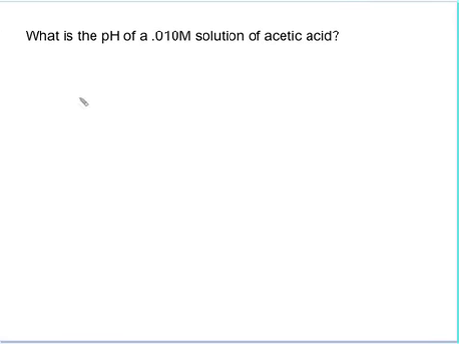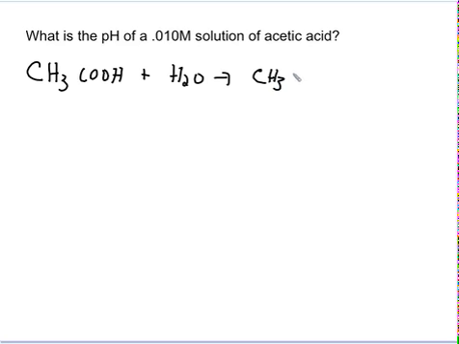Now let's look at this problem here. We have acetic acid, CH3COOH. When you put it in water, it donates its hydrogen, so it's going to make CH3COO minus, and the hydrogen goes to the water to make H3O plus.